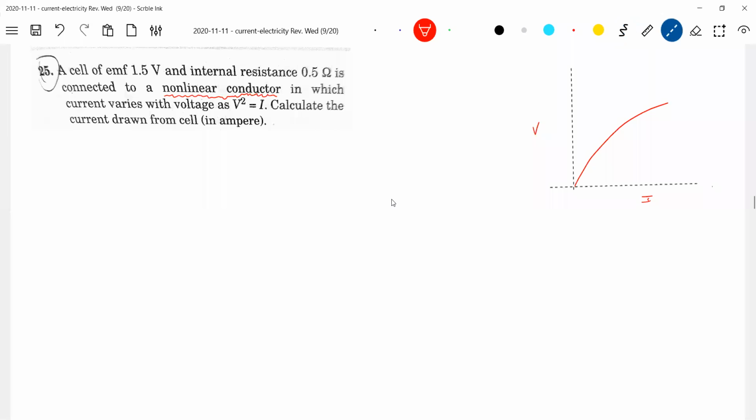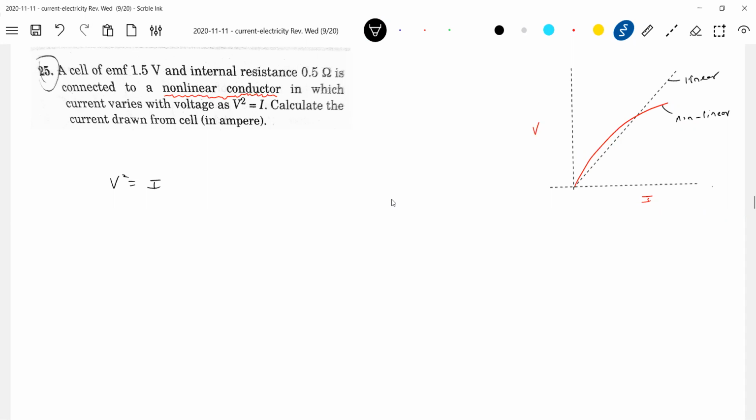If it were linear, it should have been like this, V proportional to I, so this is non-linear. And you are directly telling that V square equals I. Directly we have the relationship.